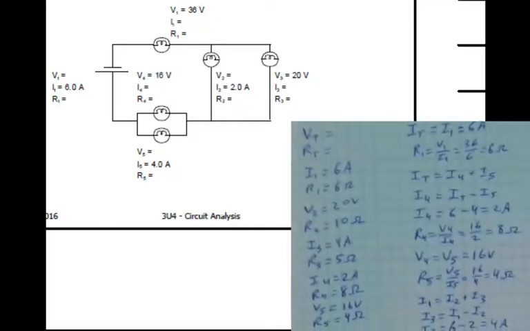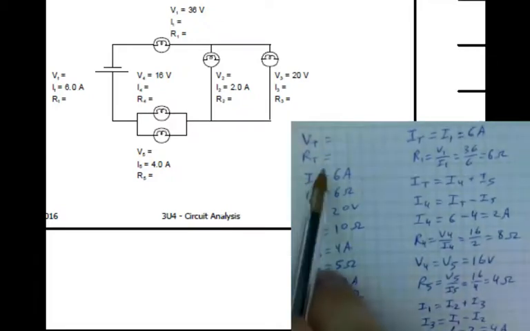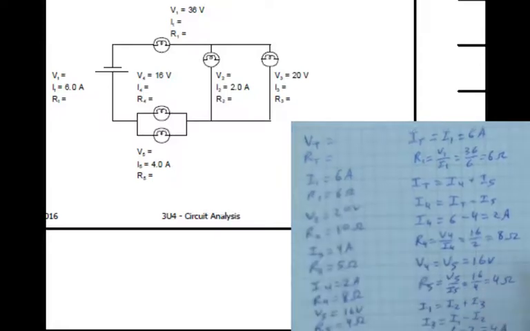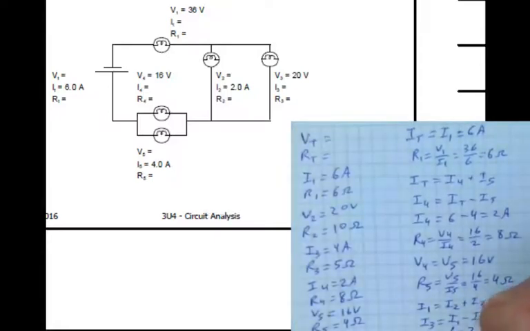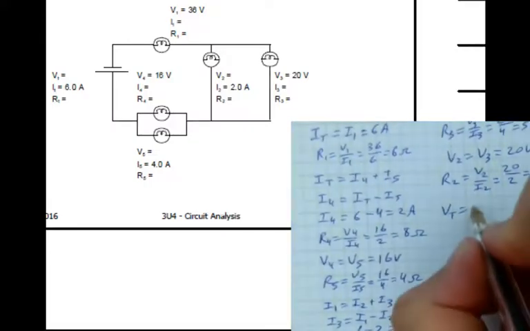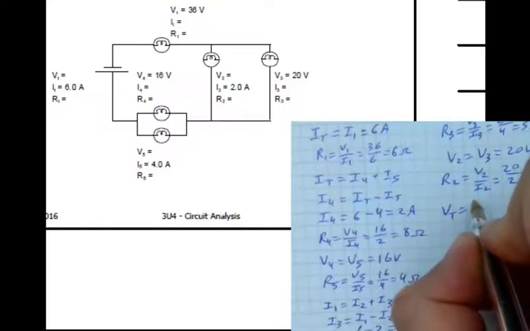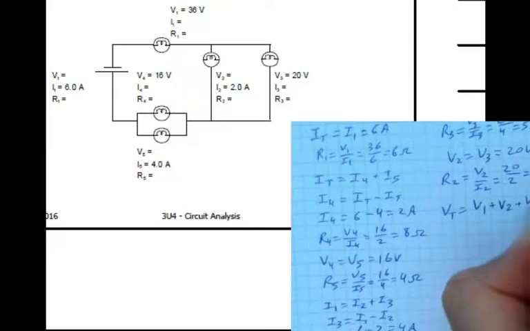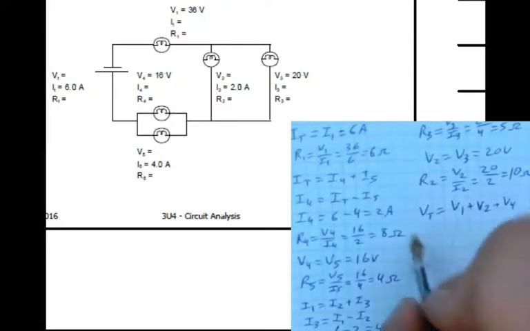Now, we can solve our total resistance by doing the sum of everything. Or we can solve our total voltage using Kirchhoff's voltage law, which I think is a bit easier. So let's follow the voltage along one of the loops, since we know all the voltages. V1 plus V2 plus V4. That's our total voltage.